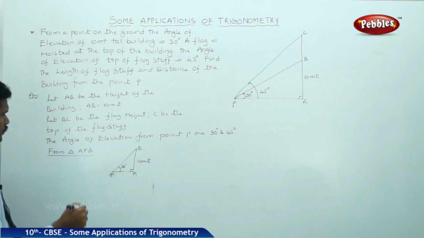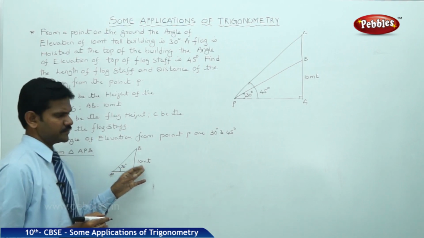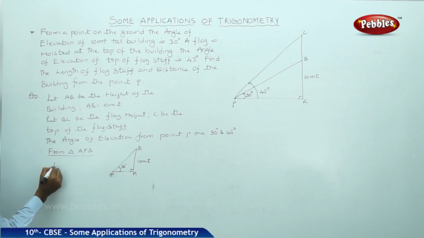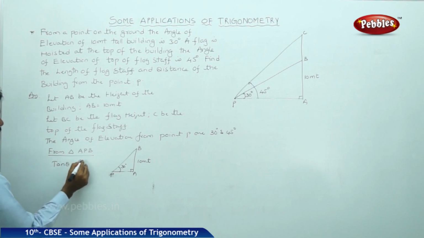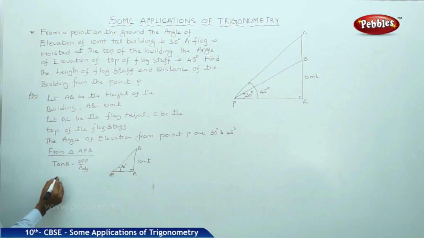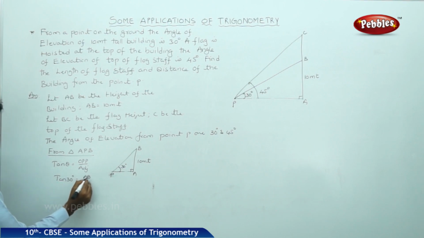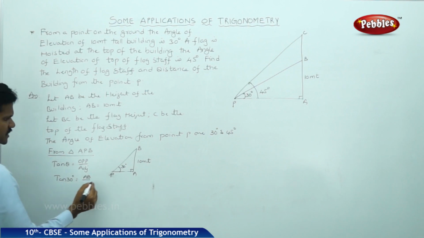Now here we know the opposite side. tan theta is equal to opposite by adjacent, that is tan 30 degrees is equal to opposite AB by adjacent side AP.